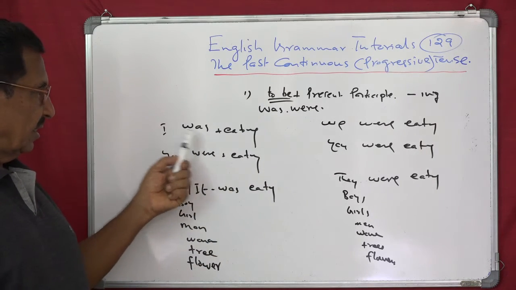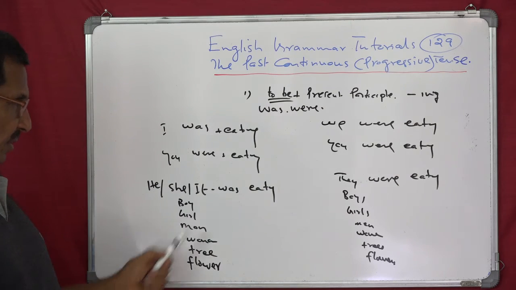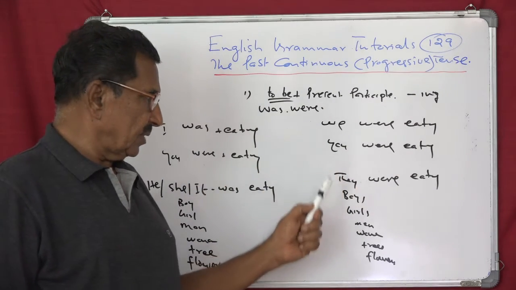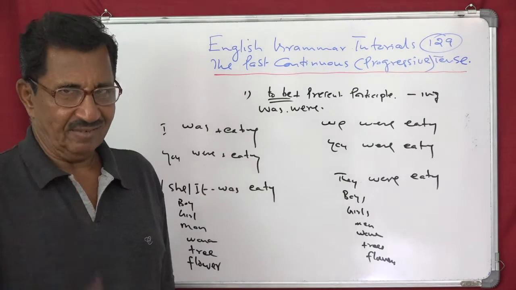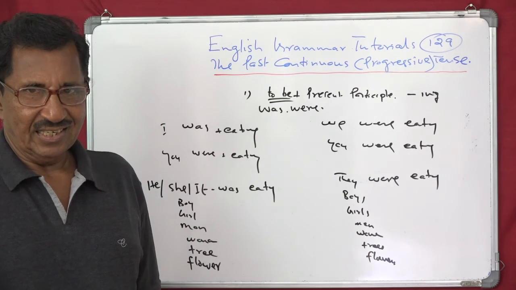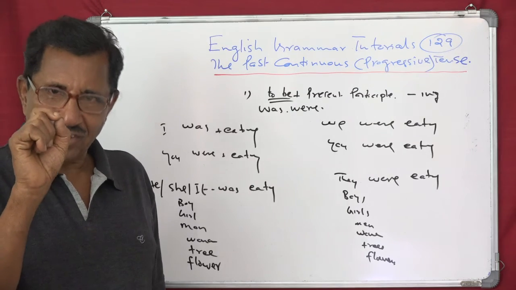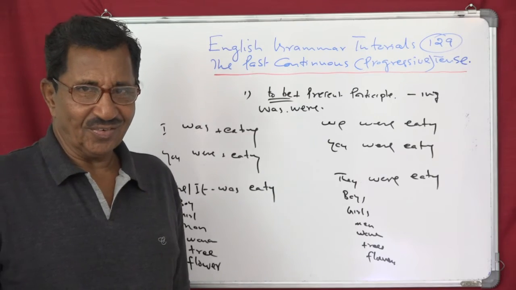This is singular first person, singular second person, singular third person. Plural first person, plural second person, plural third person. Plural means more than one. Understand? If you have got a friend, it is singular. Friends is plural. These things are known to you.